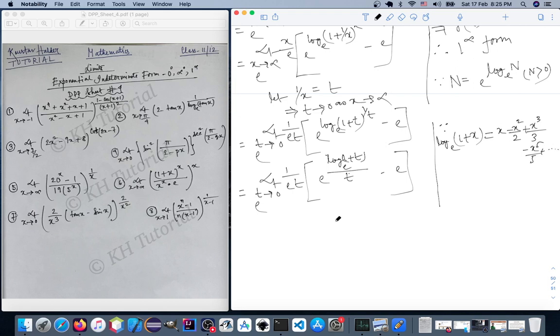Using this formula, we get e to the power limit 1 by e t. So now, if we substitute log (1 plus t) by its expansion series, we get t minus t square by 2 plus t cube by 3 and so on, minus e.